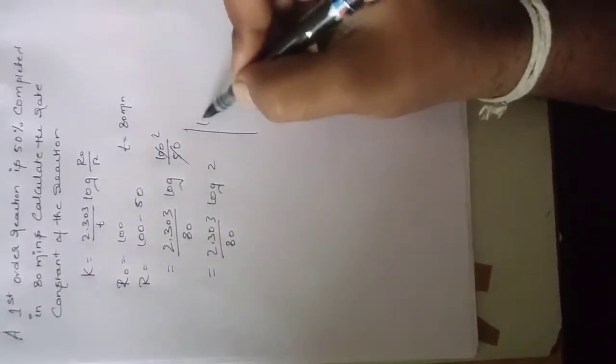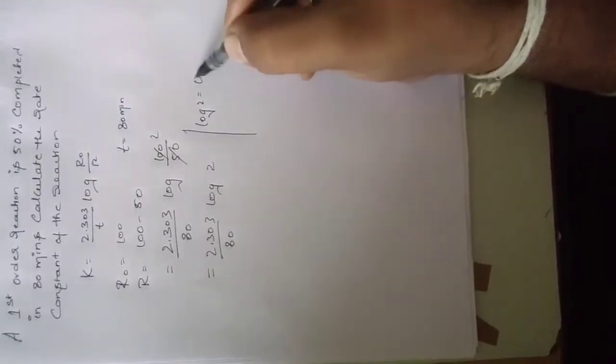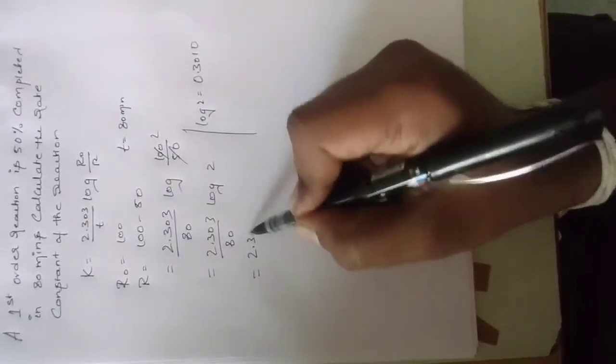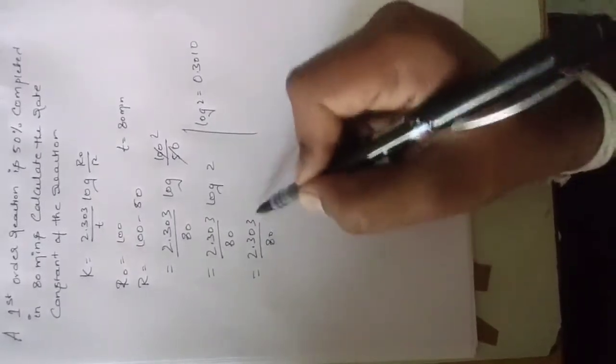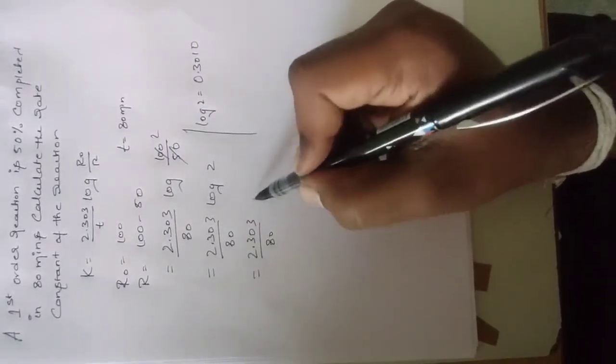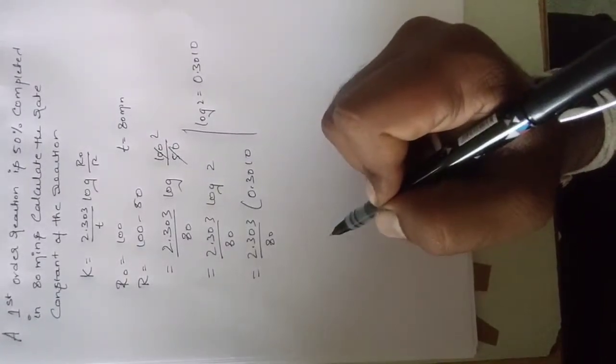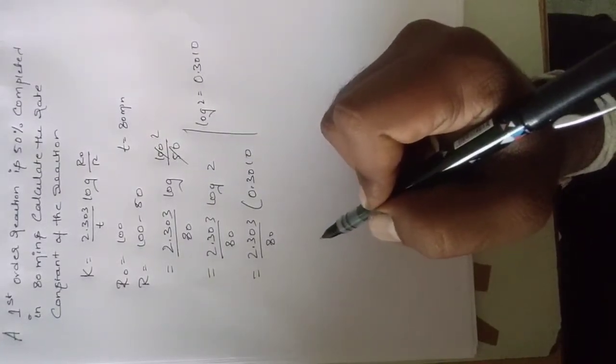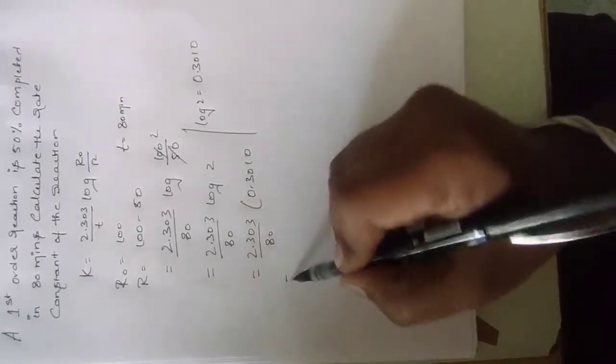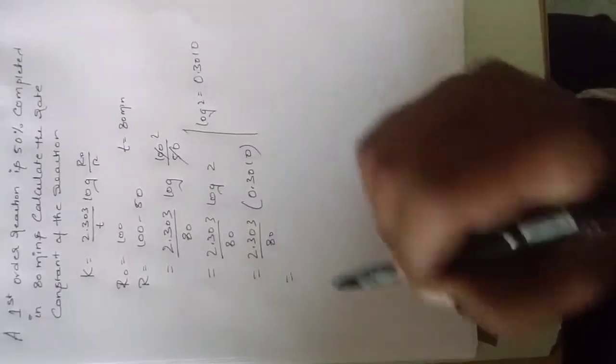We know the log 2 value is 0.3010. If you substitute, we get 0.1030, and if you multiply, you will get the value.